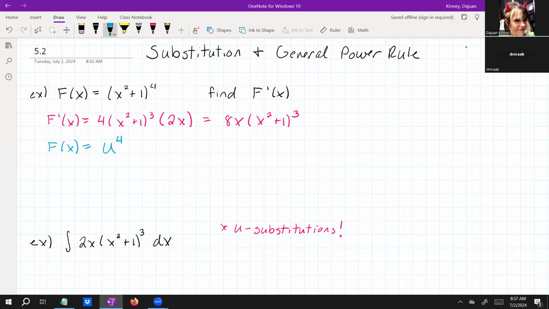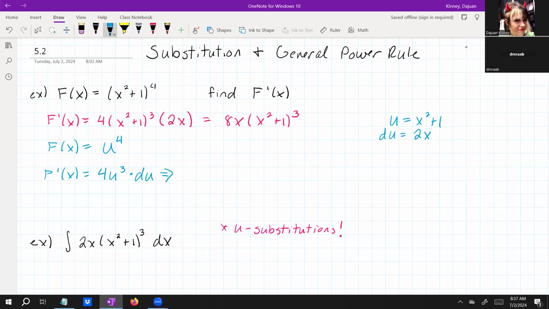So if I were to substitute my u equals the inside, well, what's the derivative of u? We'll call it du. It's 2x. Okay, so now the derivative equals 4 u to the third times du. Sometimes we say u prime. We're going to use du a lot, so we use that.